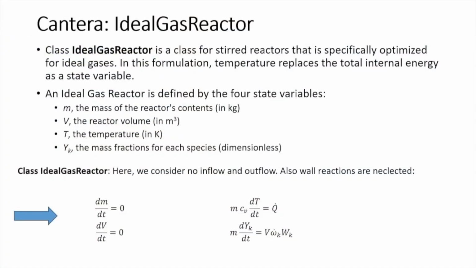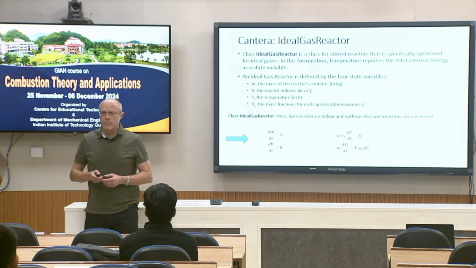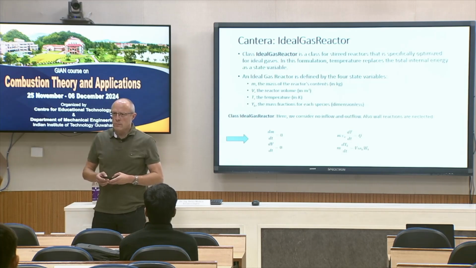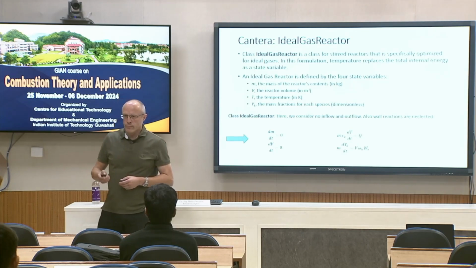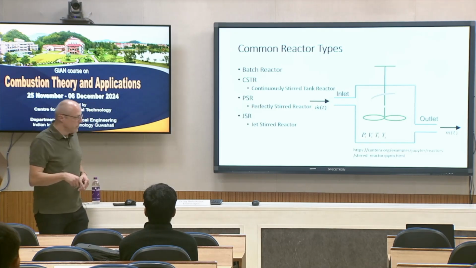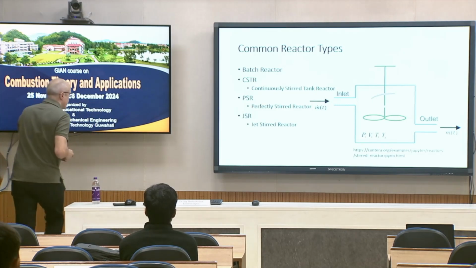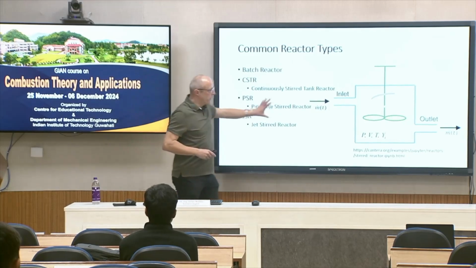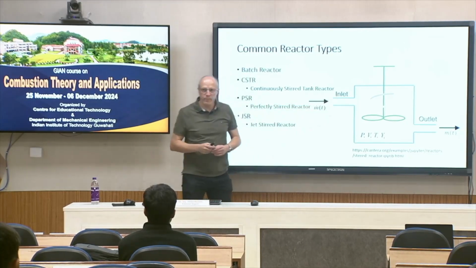Sir, could you give some examples of those reactors? Pardon? Could you give some examples, some real life applications? What do you mean with examples? Examples of batch and continuous stirred reactor and perfectly stirred reactor, jet stirred reactor. Okay, so these three here are represented by this image.